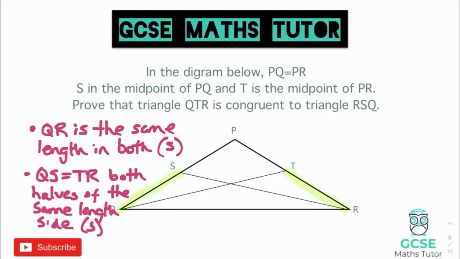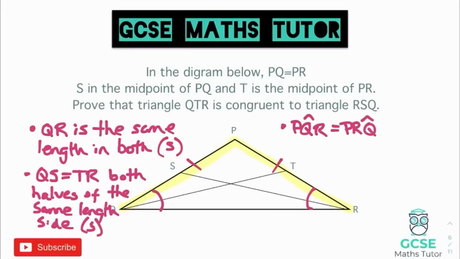We just need to think about what else we can find. And again, it goes back to thinking about the fact that it's an isosceles. We know if this is an isosceles, where these two lengths are the same length, we know that in an isosceles, base angles are equal, as we have our isosceles triangle. So for the final one there, I could also say that the angles there are the same as it's an isosceles triangle. So I can say that angle PQR is equal to PRQ.